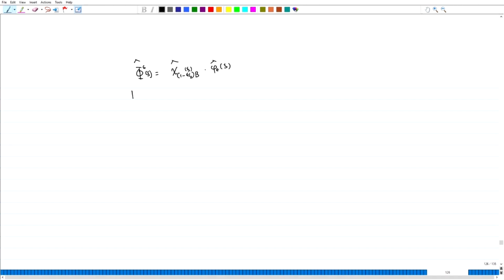Now, if we take the modulus, then this is less than or equal to, since we know the estimate of chi B hat and therefore of the dilation of the ball, some constant times 1 by 1 plus mod xi squared to the power n plus 1 by 2, times the estimate for phi epsilon, which is a Schwarz class function, because it is a smooth continuous function with compact support, so it is in Schwarz space.